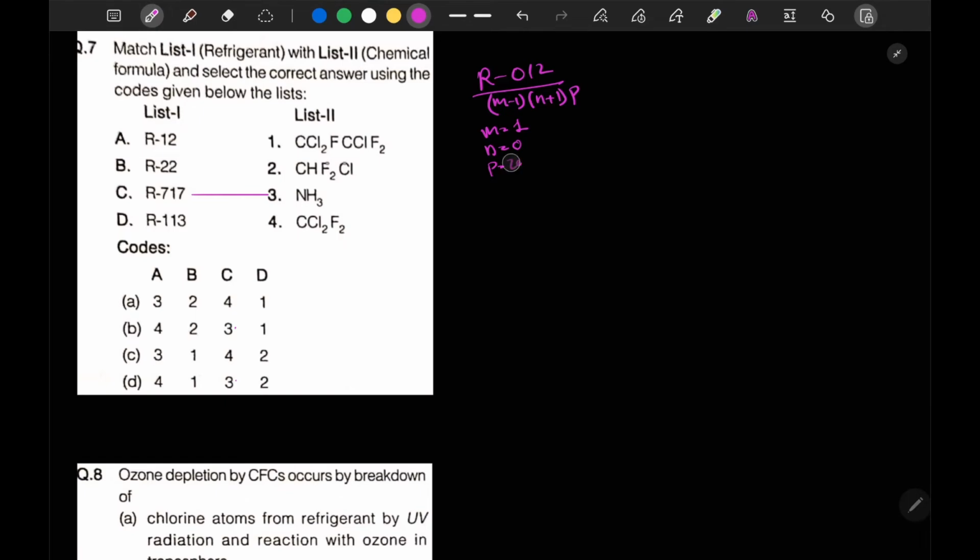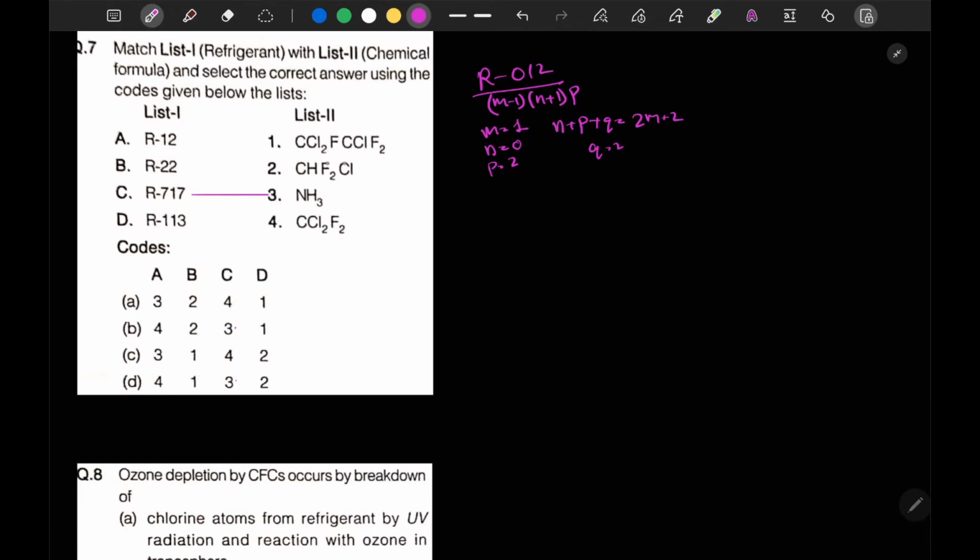Okay, so if I apply my equation, N plus P plus Q is equal to 2M plus 2, and we know the value of 2M plus 2 is 4, as M is equal to 1. If I put the value of P is equal to 2 here and N is equal to 0, we get Q is equal to 2.